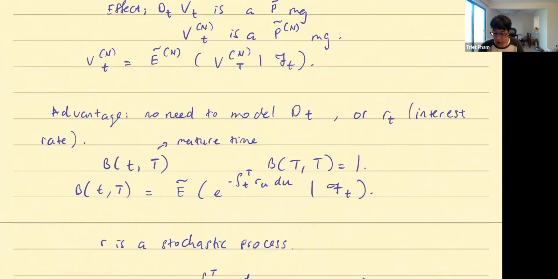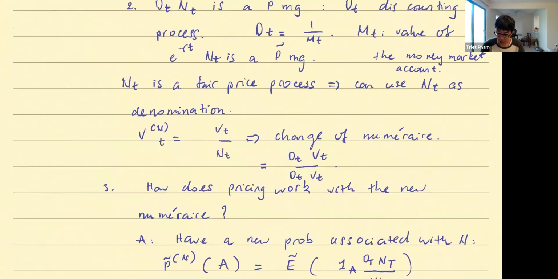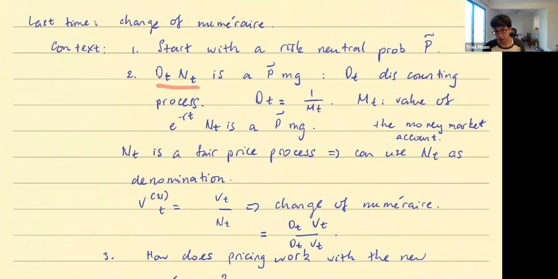But then you want to check whether it fits the description of a numeraire. And as I explained to Don, a numeraire can be very general. The only restriction we want, intuitively, is that you want to use it as a measurement, a unit of denomination. You probably prefer it to be a fair price process itself.